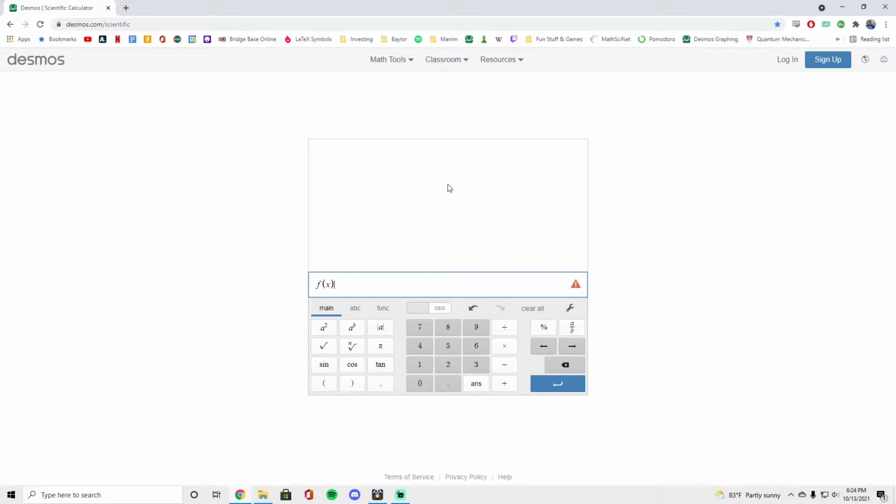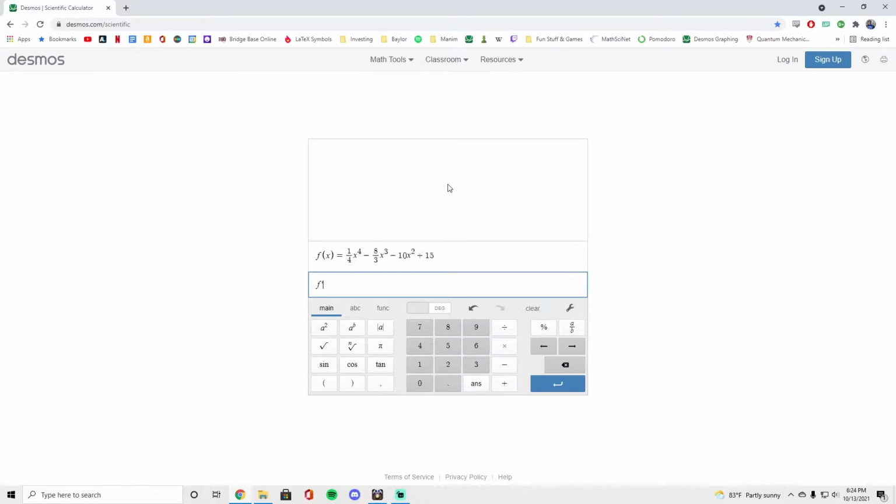So f of x, our given function again, equals 1/4 x to the 4 minus 8/3 x cubed minus 10 x squared plus 15.